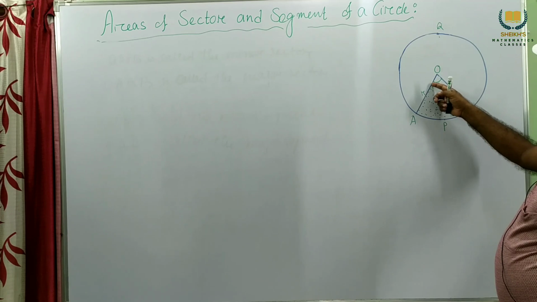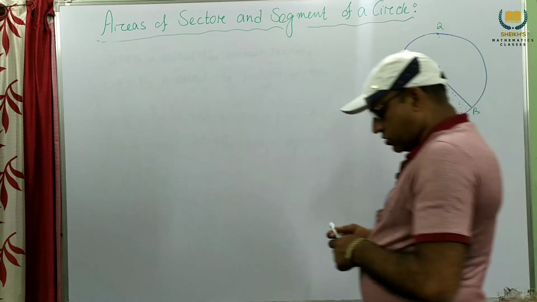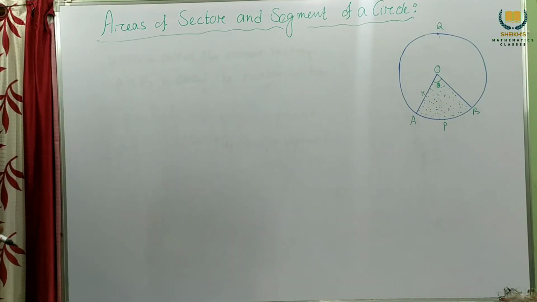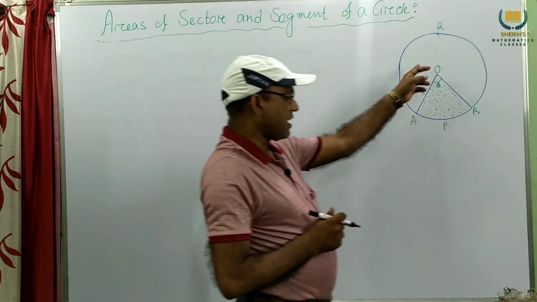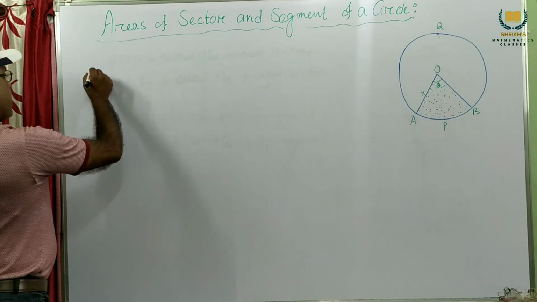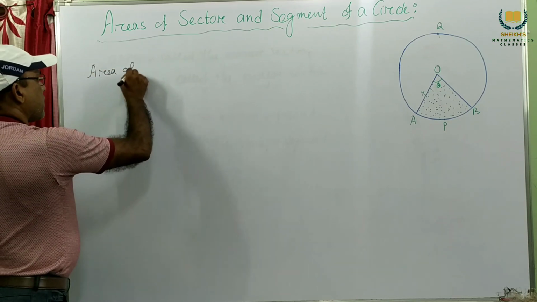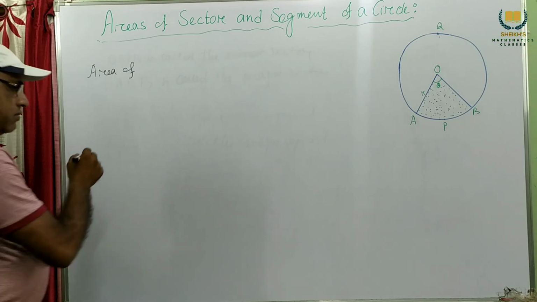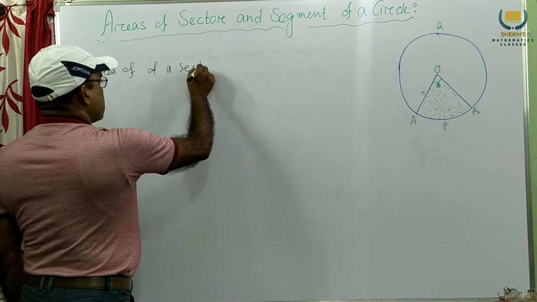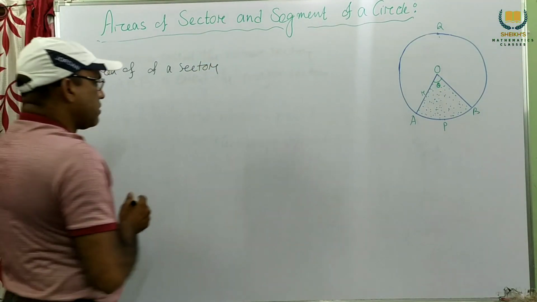If sector angle is theta, O is the center of the circle, and this radius is r, then we get the area of a sector.